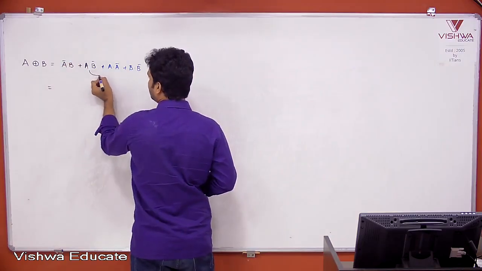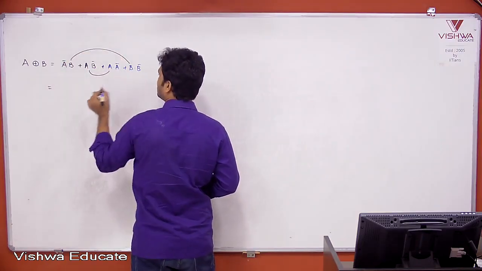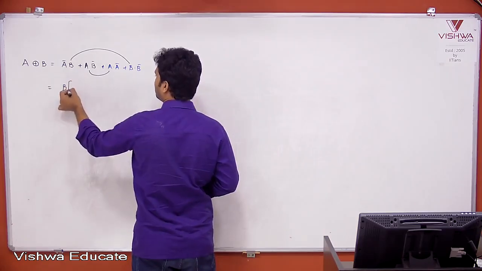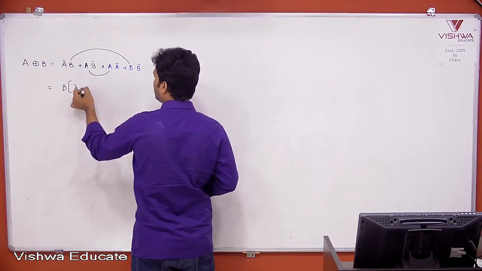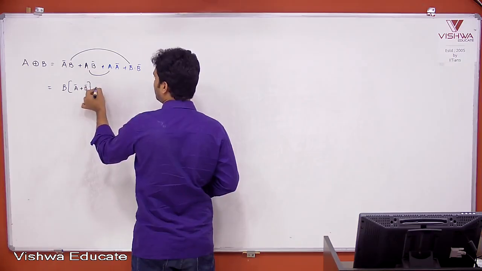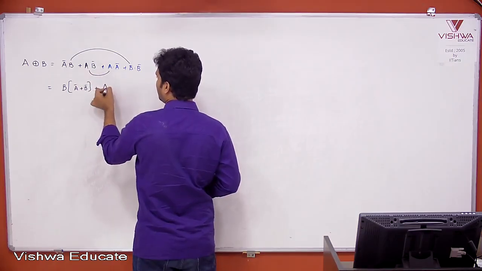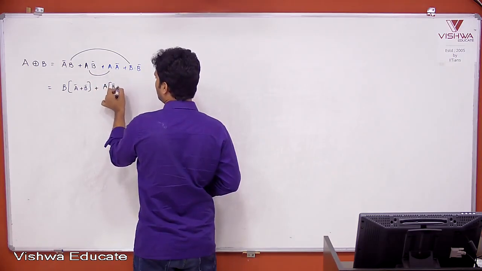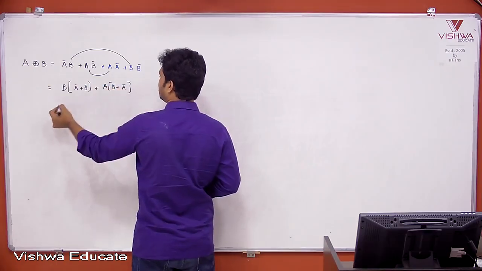Now see here. In the middle two and first and last, we can take B common: A bar plus B bar. In these two, we can take A common: B bar plus A bar.